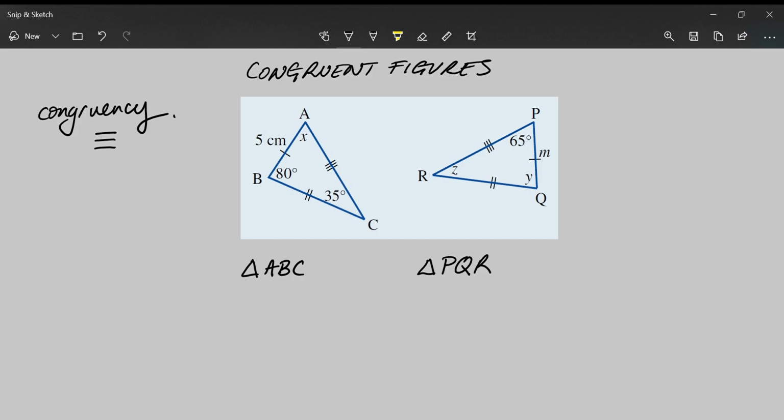And what we want to state here is that these two triangles are identical. They are congruent. So we've got those three lines in between the two statements.